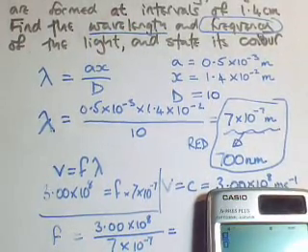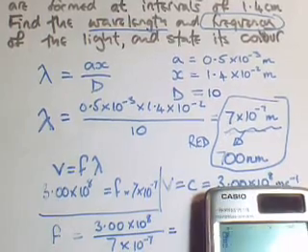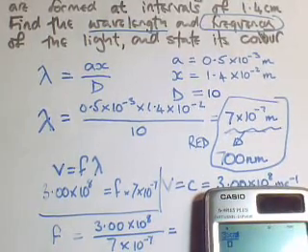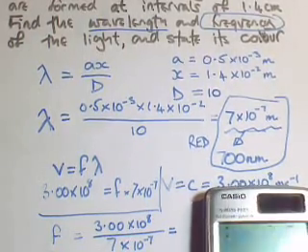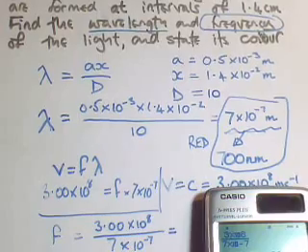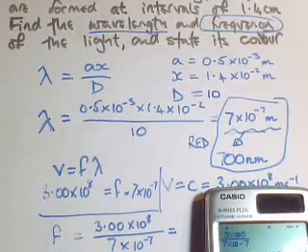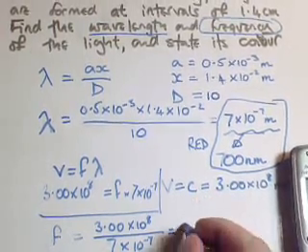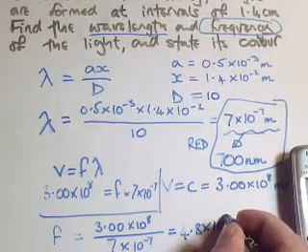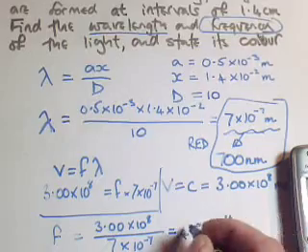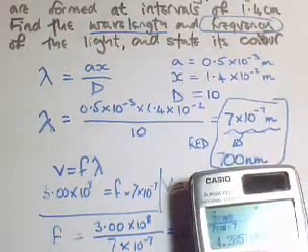So I'm doing 3 times 10 to the 8 over 7 times 10 to the minus 7, so it's 4.285, I'm going to round this to 4.3 times 10 to the power of 14, that's what the calculator is telling me there.